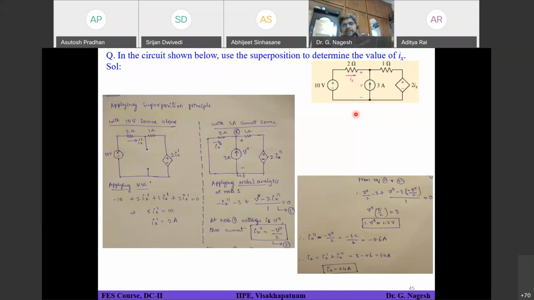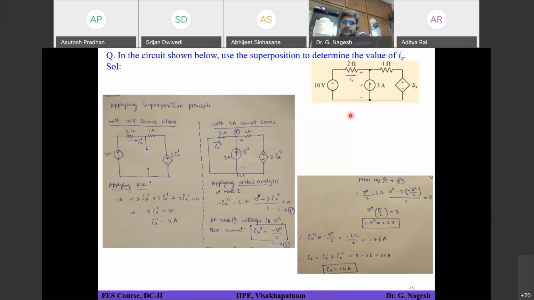Not only in the subject, but from a practical point of view, in a mobile or a PCB, they will have complex circuits. If they feel this method is easy, they will adopt it there and check whether the output is meeting their requirement or not. So these are the available techniques we are discussing. That's all. Thank you.